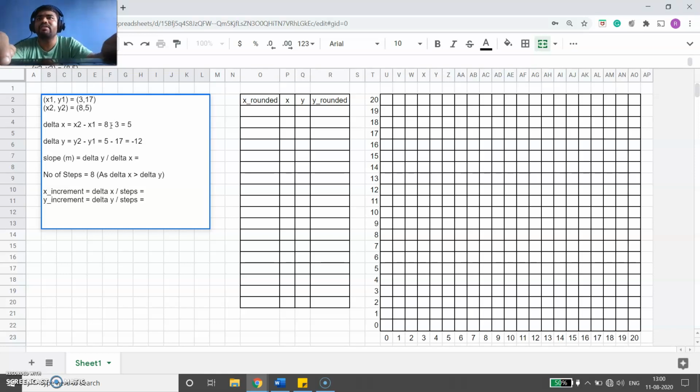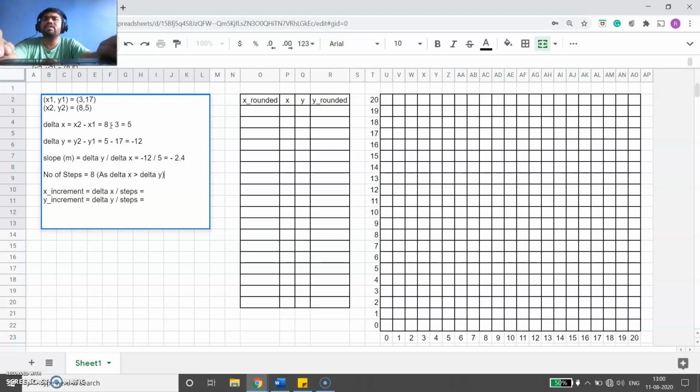Now delta y by delta x gives us the slope, that is minus 12 divided by 5, which is around minus 2.4.